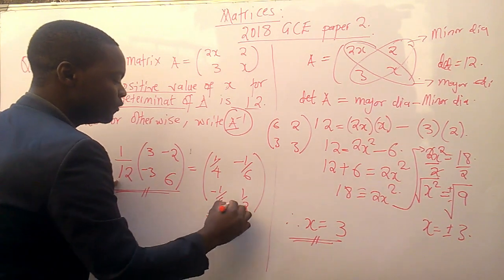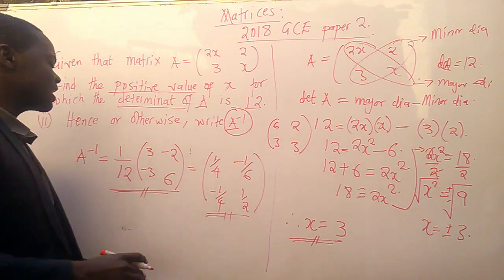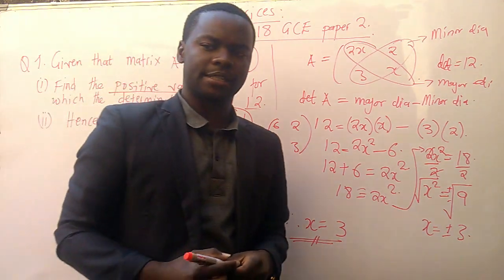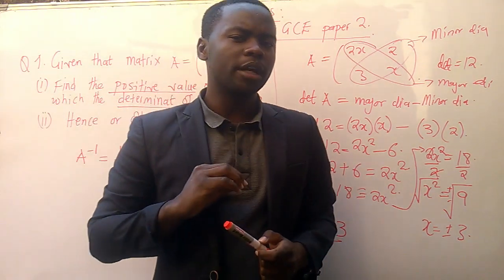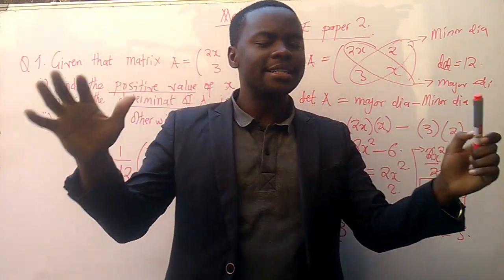So if you want, you can leave your answer in this form. But for me, I just prefer ending it here so that I can avoid some unnecessary mistakes. So this is a very simple way we calculate the determinant and enjoy the matrix in general.